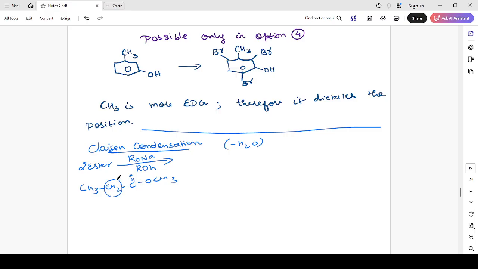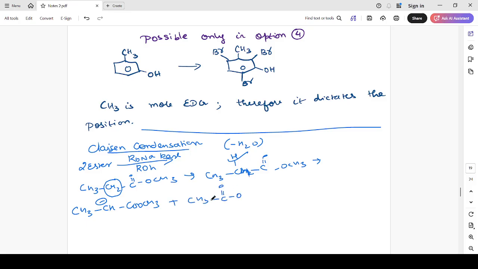So this is acidic here. This is a base for us. The base would abstract a proton from this carbon so that it generates a carbanion, CH3CH minus COOCH3. Now this again reacts with another molecule of ester.